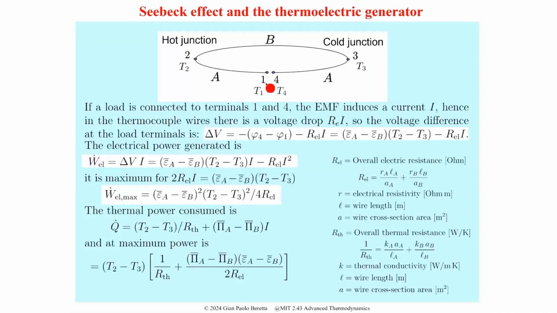So I attach a load, an electrical load, to the two places where before I was attaching the voltmeter, and electric current will start flowing because that voltage will cause a flow of electrons. But then what does it do? If there is a current that goes from 4 to 1, there is also a current inside the wires that goes all the way around.